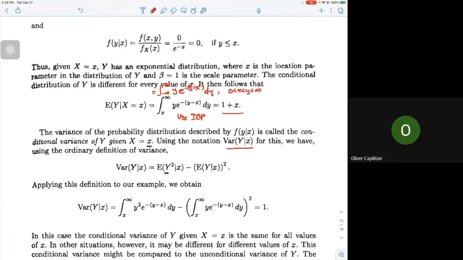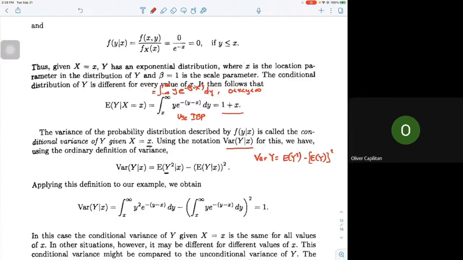Because the ordinary definition of the variance, say we have y, is the expectation of y squared minus the square of the mean of y.